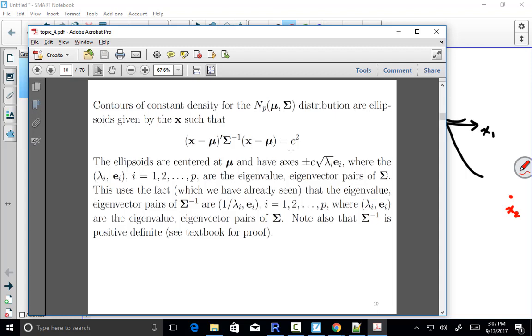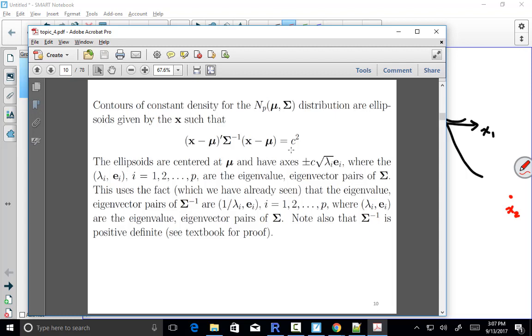Okay, so here, I can't remember if we touched this slide last time or not, but let's talk about, for a multivariate normal distribution, where are the regions of constant distance from the mean?